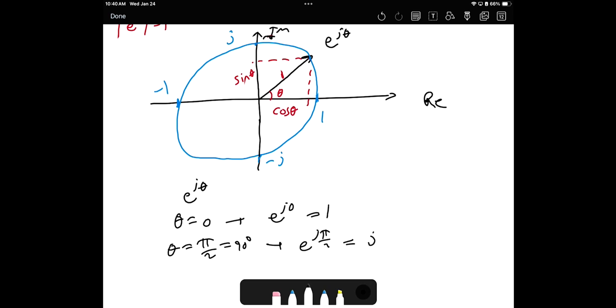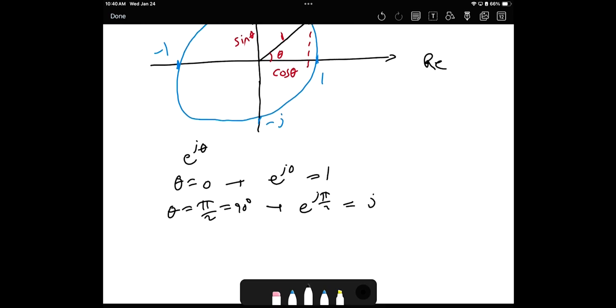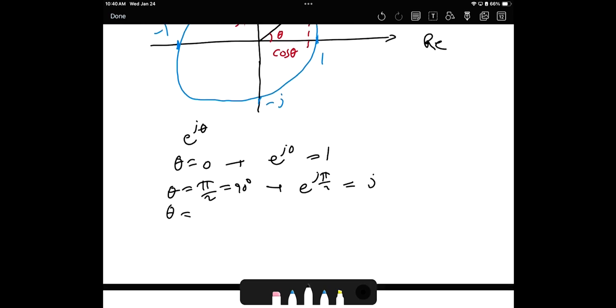You can verify this by doing Euler formula: cosine theta plus j sine theta. When theta equals pi, or 180 degrees, e power j pi equals negative 1. Keep in mind, every time we do e power j theta, theta must be in radians. We cannot do it in degrees. That's according to polar representation.